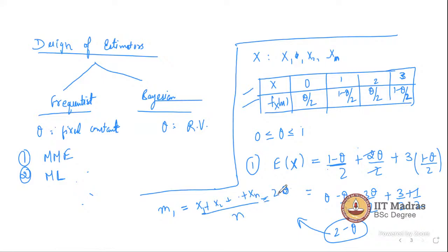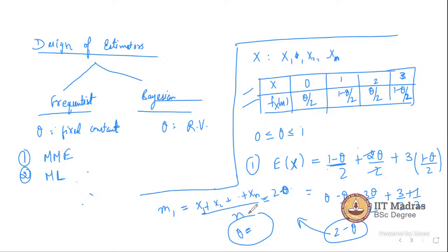The sample was already given to us. We find the sample mean from there, and then we find theta. Whatever theta we get, we call it an estimator for the parameter theta. This is the process we generally use for finding the estimator using the method of moments.